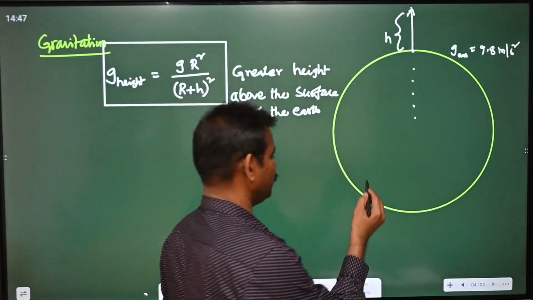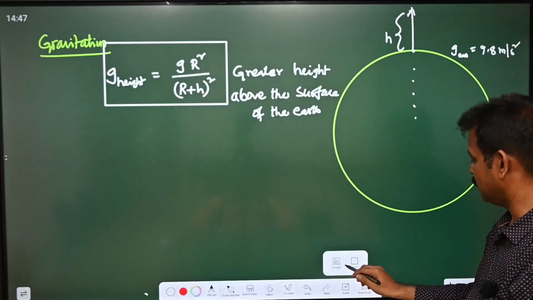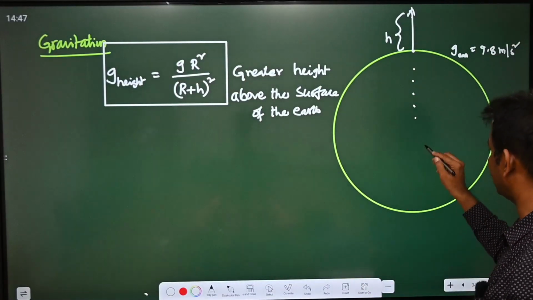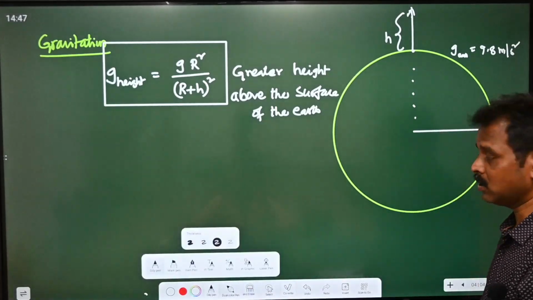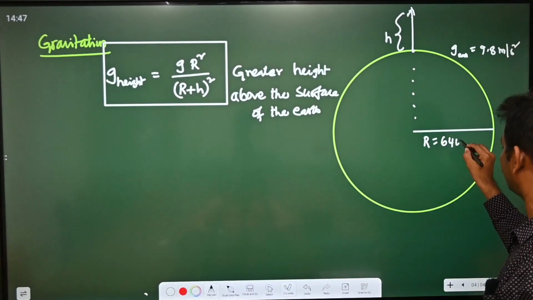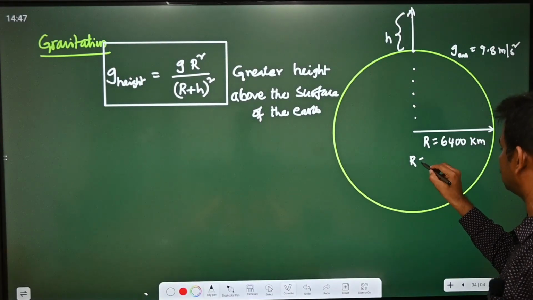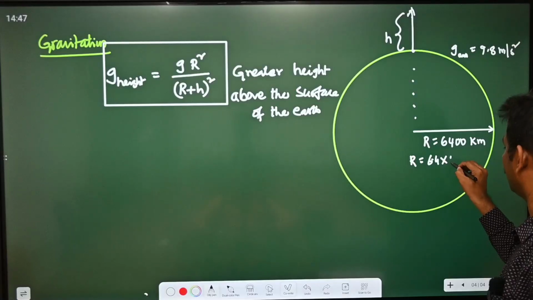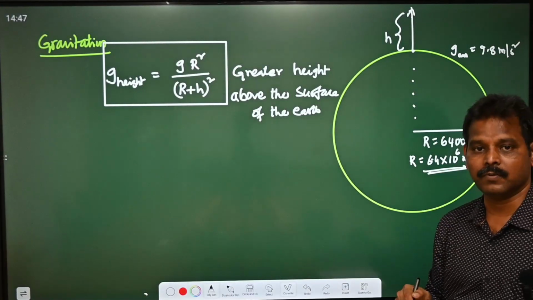But if this height is very small, general students, please remember this concept. The radius of earth is 6400 kilometers, or you can write 6.4 into 10 power 6 meters. This is the radius of earth.